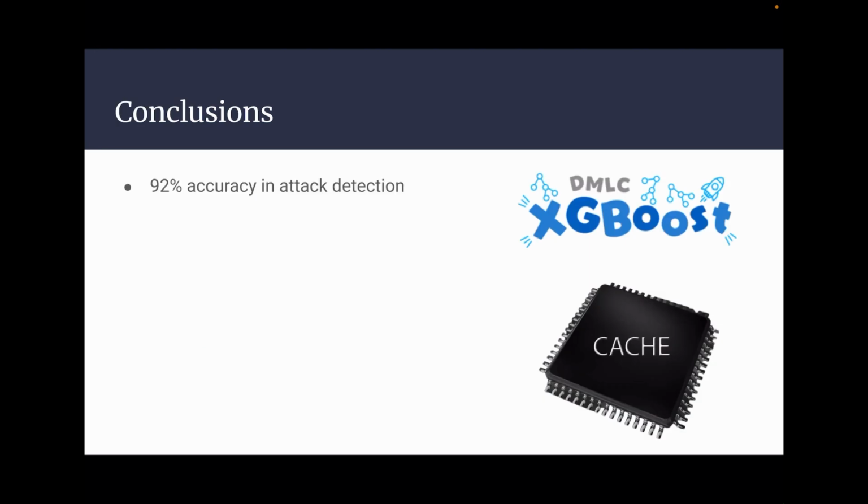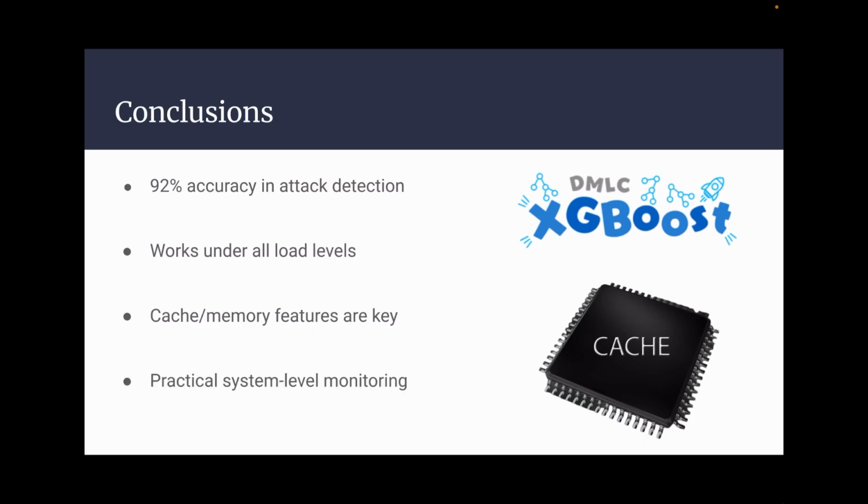So we got 92% accuracy, which we're very happy with, and it works under all load levels. We had obviously multiple benign processes running, and it was still able to detect at a pretty high accuracy. Some of the features Aiden mentioned, the LLC loads, the cache misses, and the DTLB, are the key features that we identified.